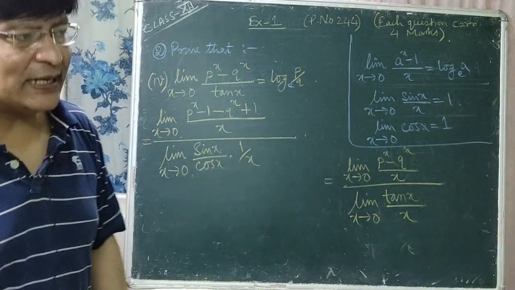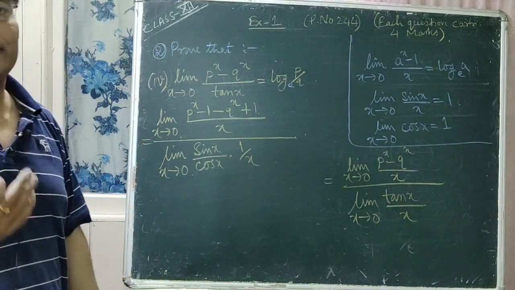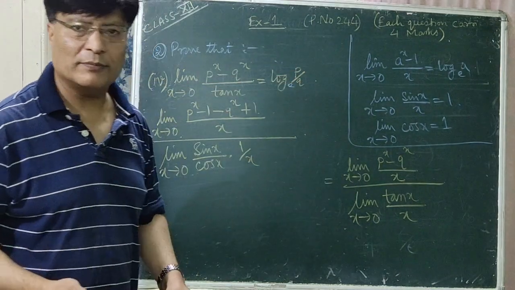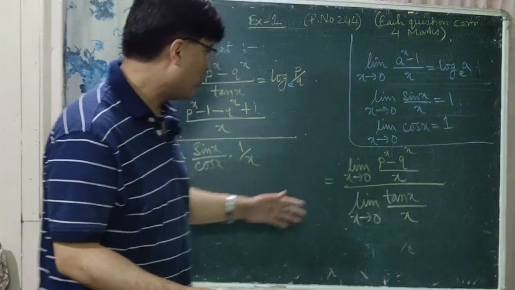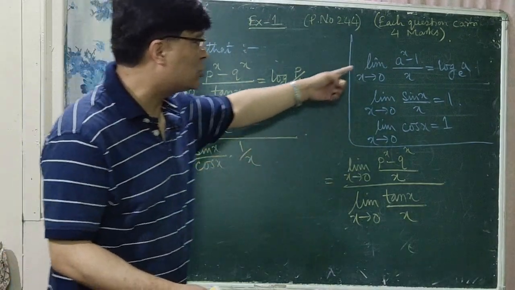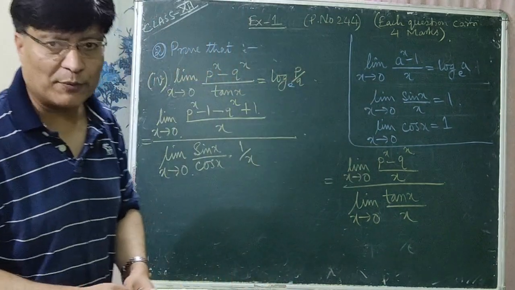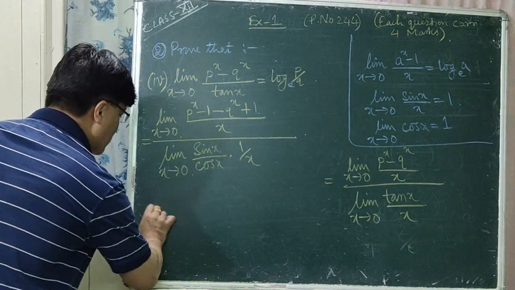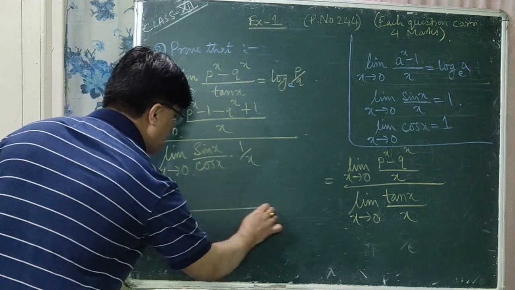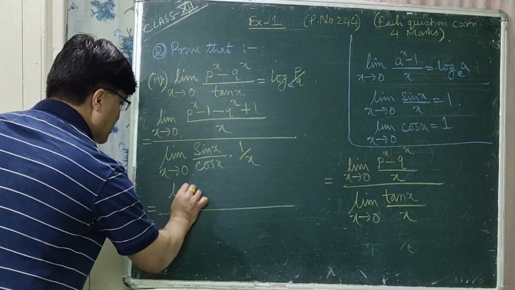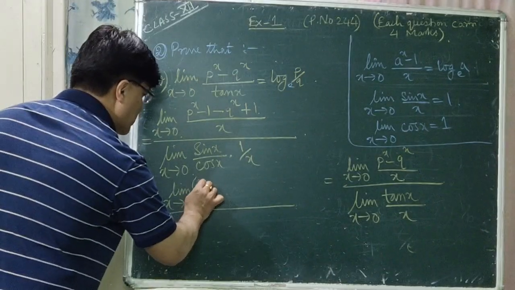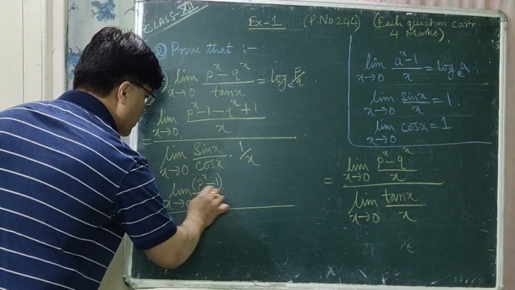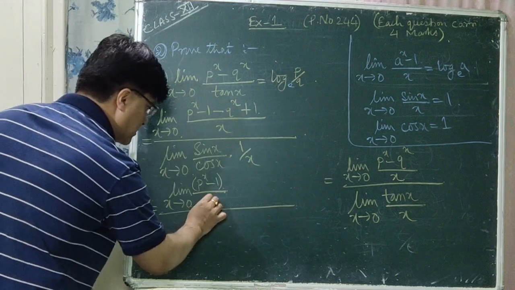Now you can easily convert all this expression into the standard limit form. We have written these standard limits here, so we can convert this expression into all these standard limit forms. In the numerator you can write limit x tends to 0, p to the power x minus 1 whole divided by x.